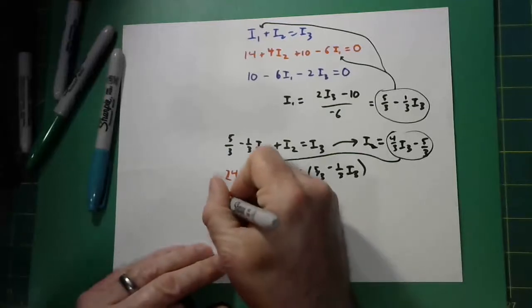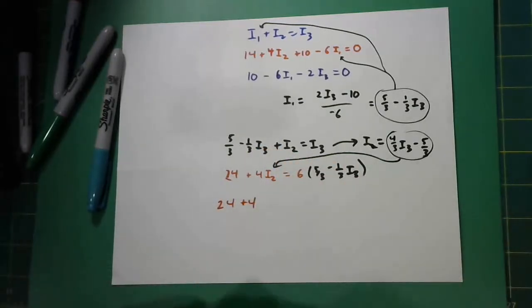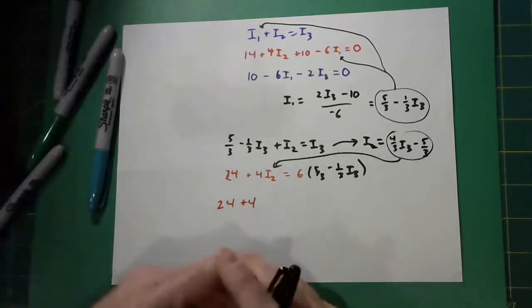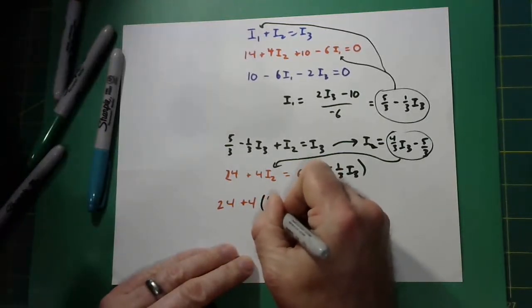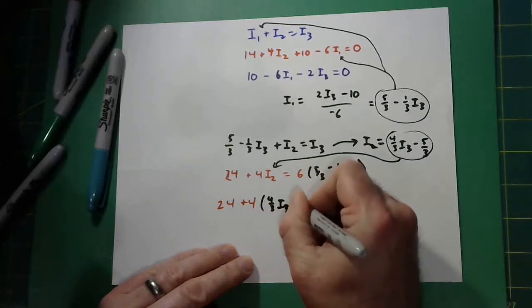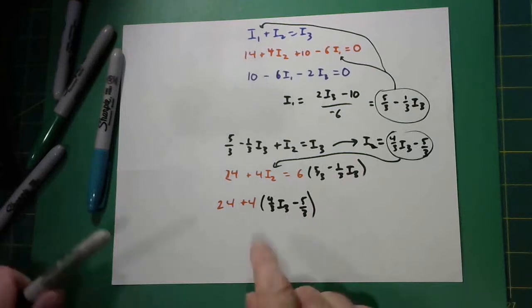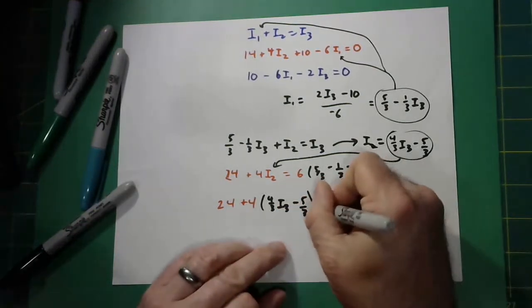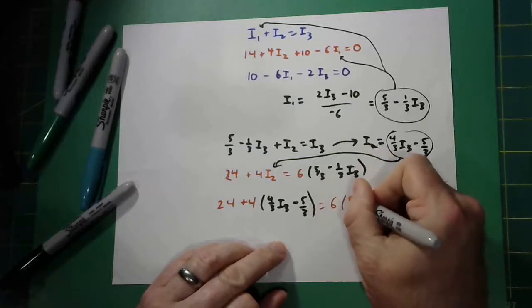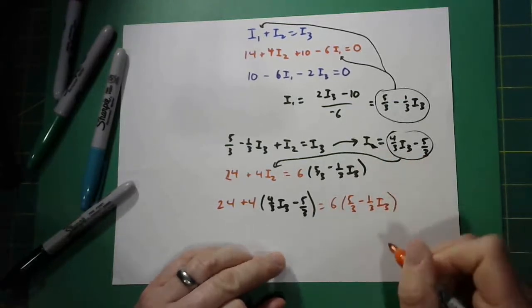If I do that, there's going to be 24 plus 4 times that bit I'm subbing in. Right? On the right side, I've got 6 times 5/3 minus 1/3 I3.